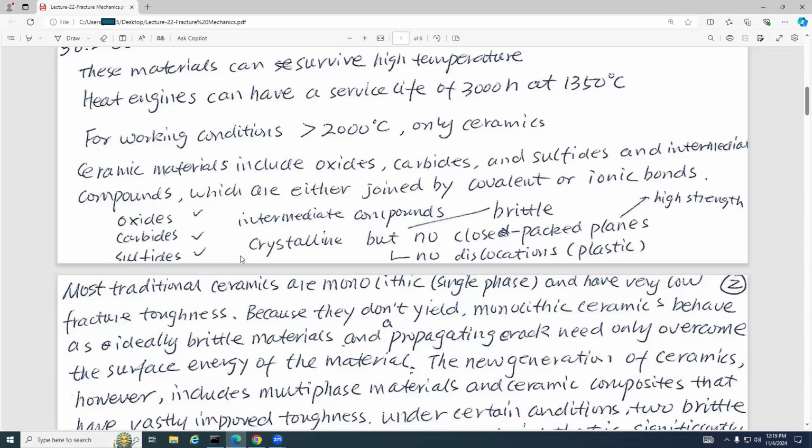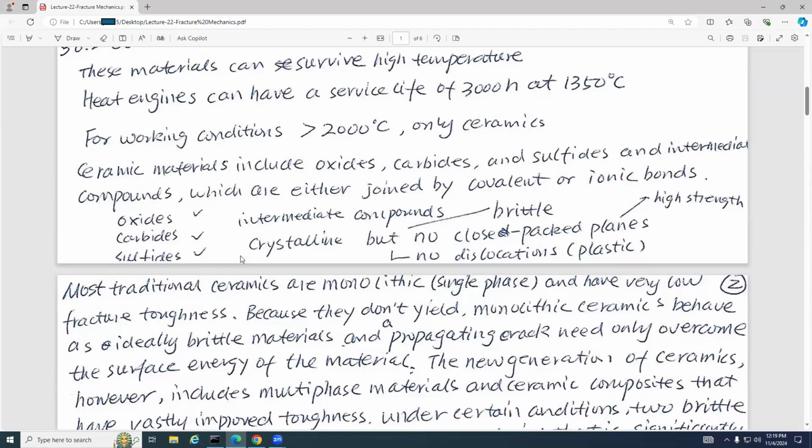Right? So the oxides, carbides, sulfides, and intermediate compounds are usually crystalline, but they do not have close packed planes, and no dislocation. If a material can have dislocation, that means it can survive plastic deformation.